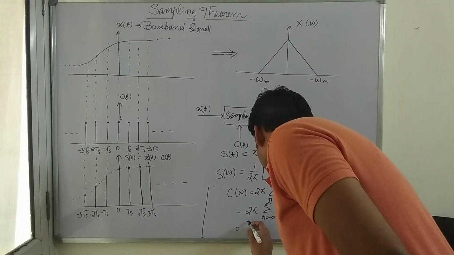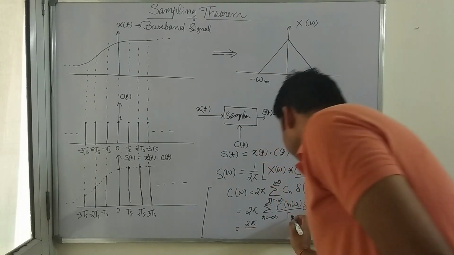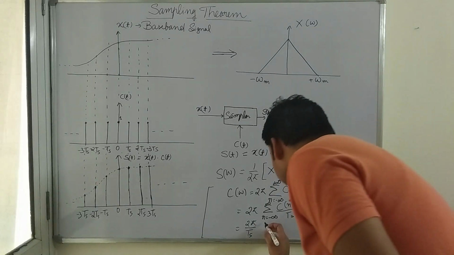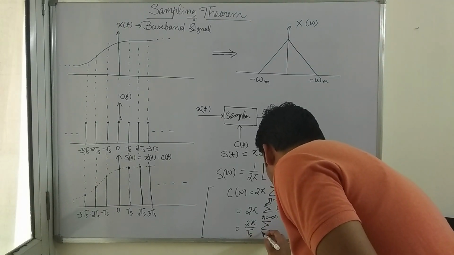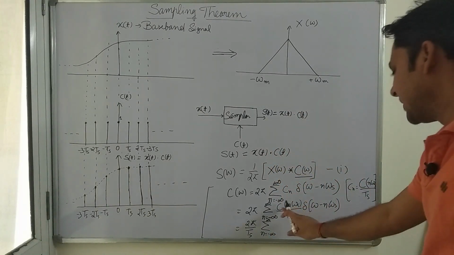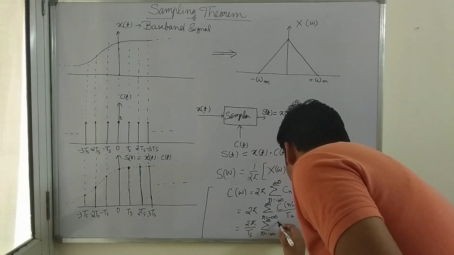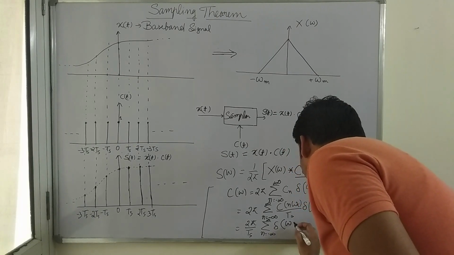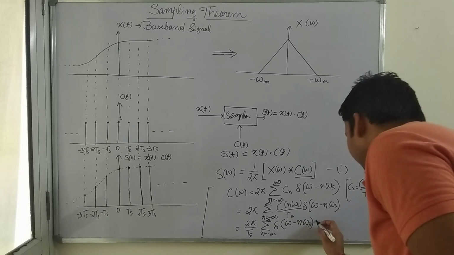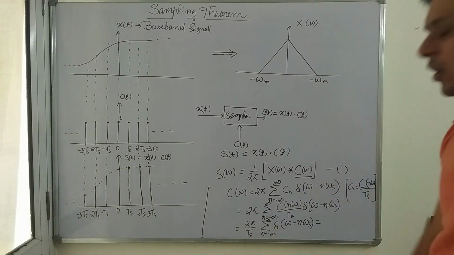So we can write 2 pi upon Ts, which I have taken out, Ts summation n equals minus infinity to plus infinity. This has become 1, and inside, what is left? Delta of omega minus n omega s. And 2 pi by Ts is what?